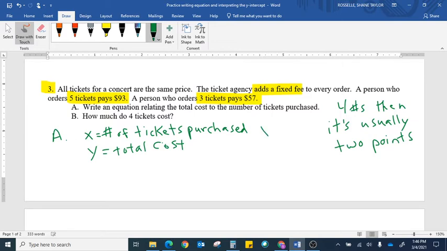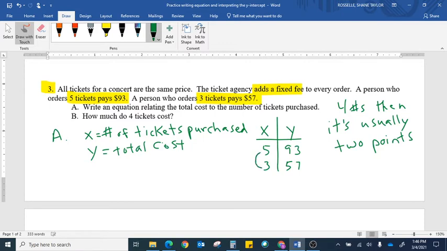So if we remember, we can go back and set up an xy table of values, and we can say 5 comma 93, that's 1 point. 5 tickets cost $93. 3 tickets cost $57. I can go either way.